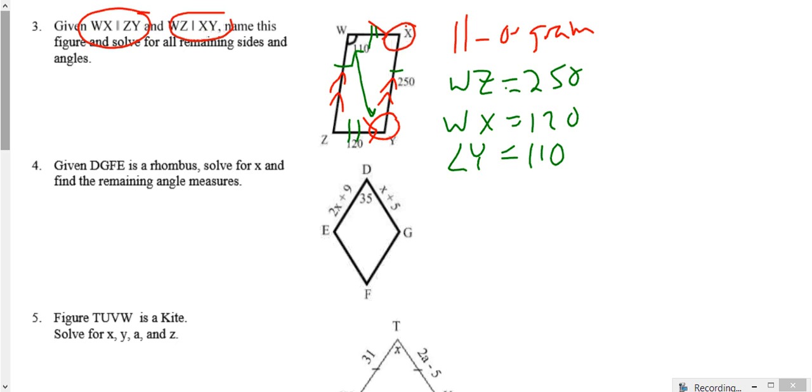And these two are same side interior, all because they are between parallel lines. So angle X and angle Z are both equal to 70 degrees.